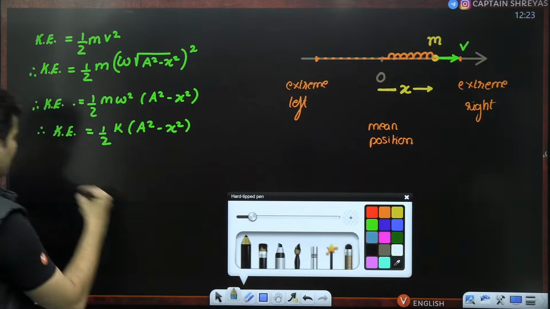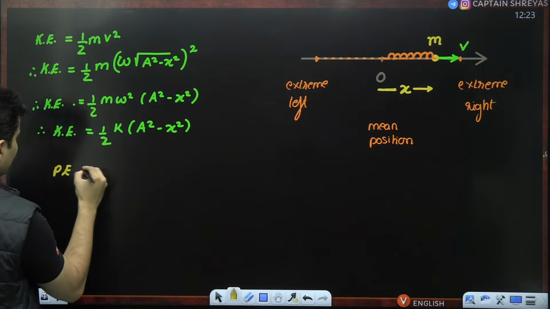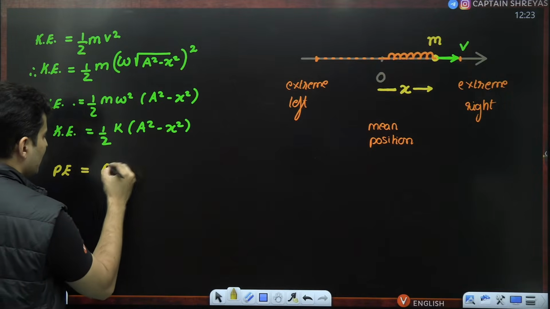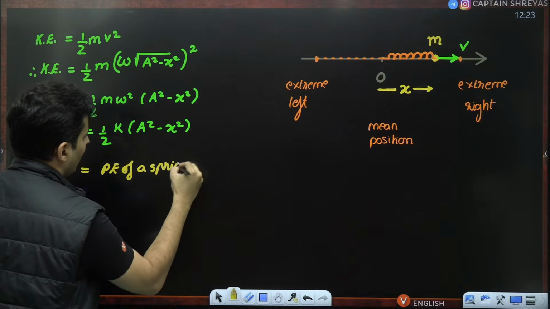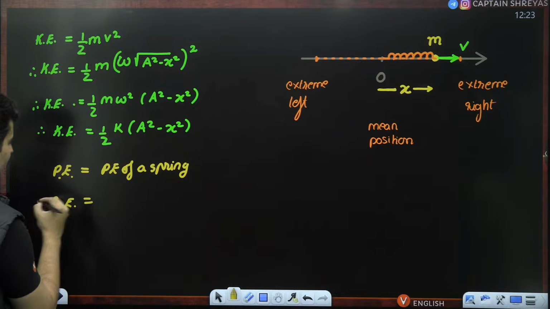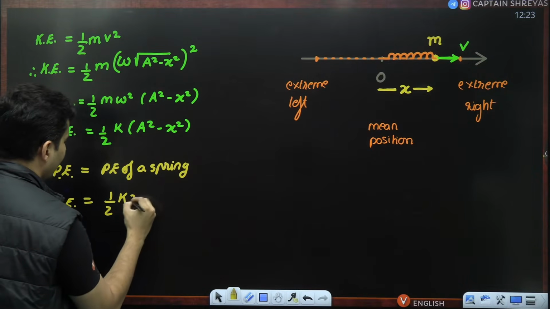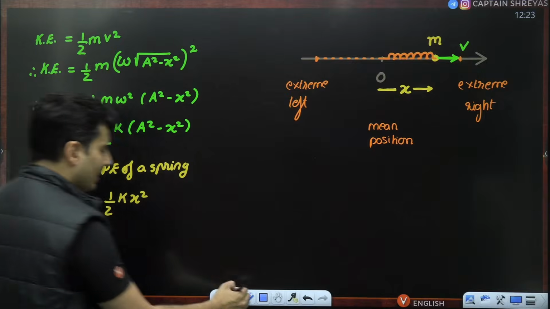What about potential energy? Potential energy is basically the potential energy of a spring formula. And what is the potential energy of a spring formula, my dear warriors? It is just half k x square. Correct.